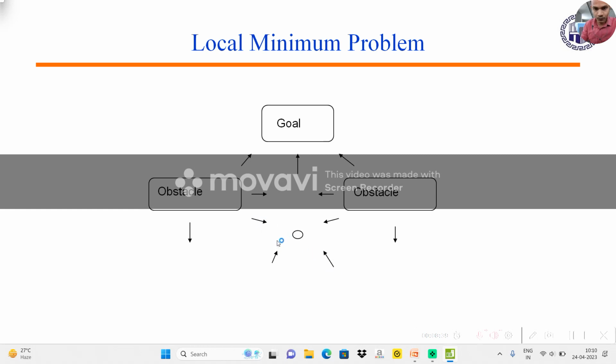So these four forces on the robot will cancel each other, and the resultant force on the robot will be zero. So it will come to a static position, and there will be no movement from this position. So this is the problem of local minimum in the artificial potential field algorithm.